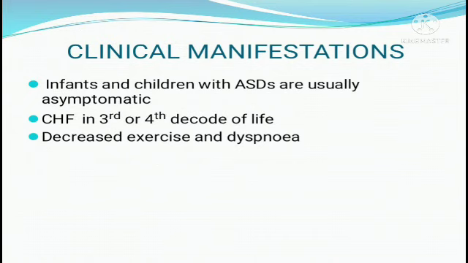That means after 30 or 40 years of age, when they are in adulthood, they may develop congestive cardiac failure if it is not closed. And again, if it is a large defect, there can be decreased exercise tolerance. That means exertional dyspnea can occur.